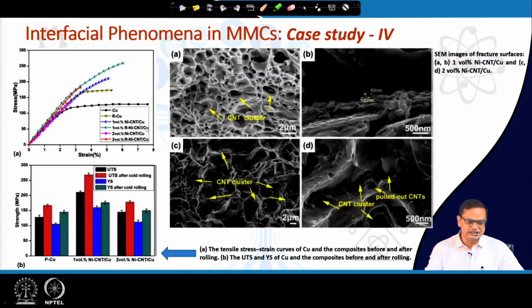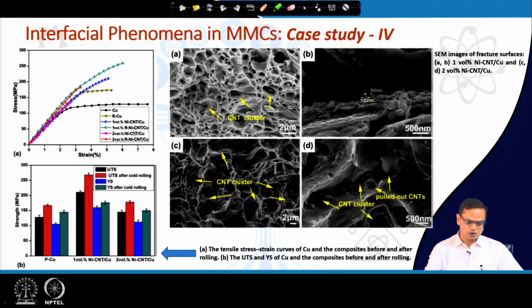So, what we are seeing here is the typical tensile plots. This is a stress versus strain plot. This black line is coming from pure copper. Pure copper has been spark plasma sintered.